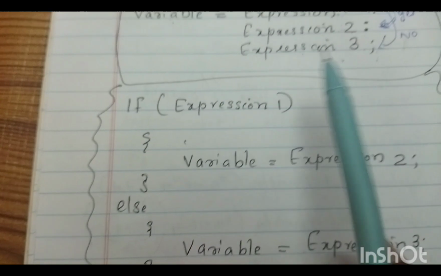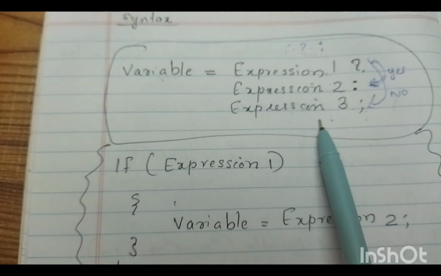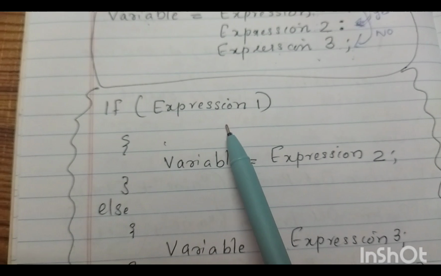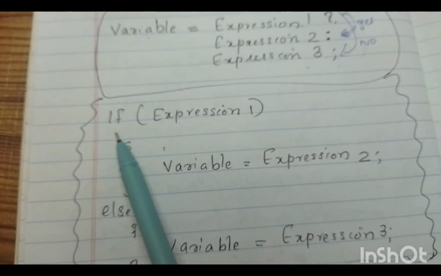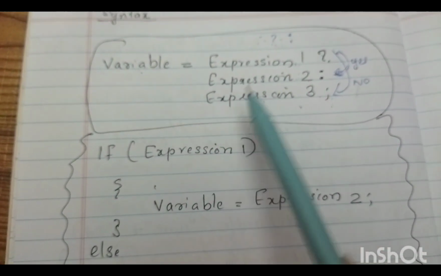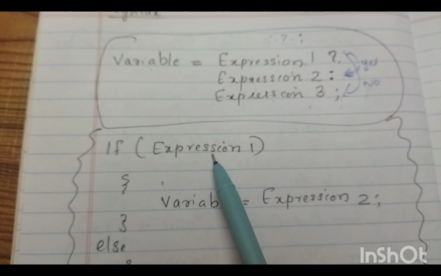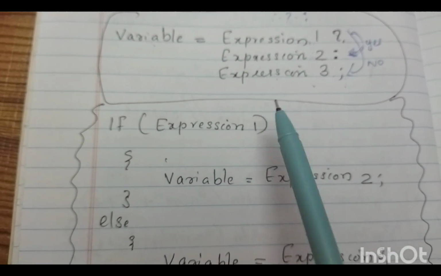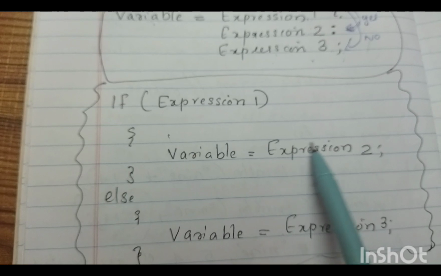The if-else statement is the same as the conditional operator. The same 3 expressions will be evaluated, but in a step-by-step manner. That is if expression 1. Here the first condition is given in this bracket, if condition, then the statement execution will be like this.